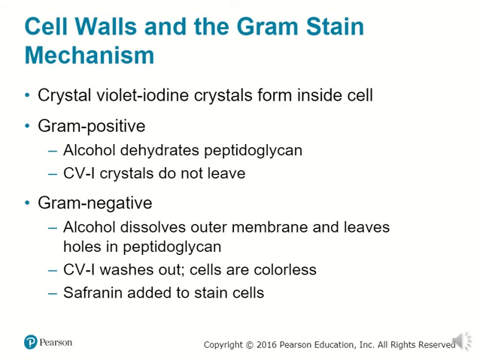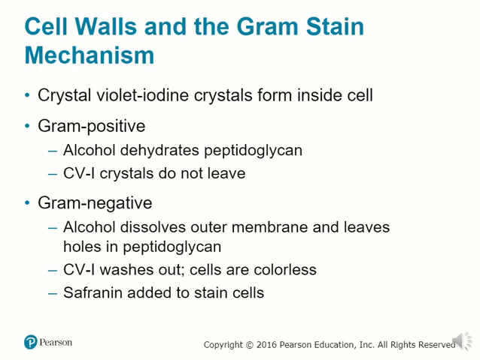Now, cell walls and the Gram stain mechanism. Again, this involves crystal violet and iodine forming crystals inside the cell. With gram-positive bacteria, alcohol will dehydrate the peptidoglycan layer, and then the crystal violet-iodine crystals will not be able to leave.